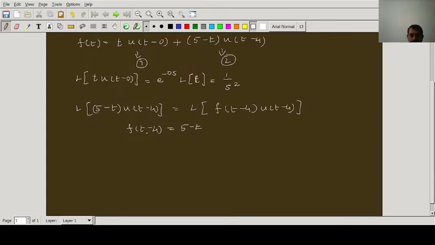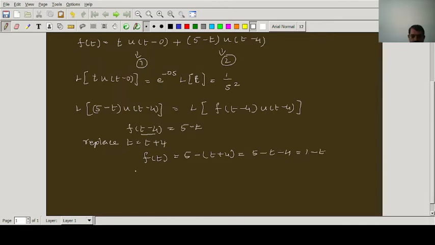So to make this f of t, replace t as t plus 4. Then 5 minus t becomes 5 minus t minus 4, which equals 1 minus t.